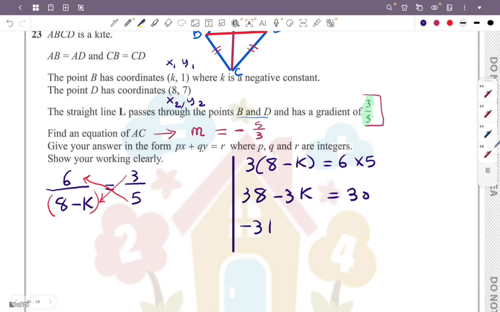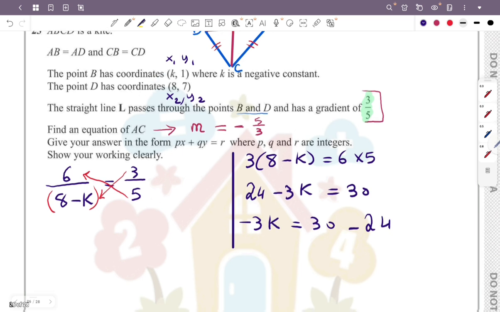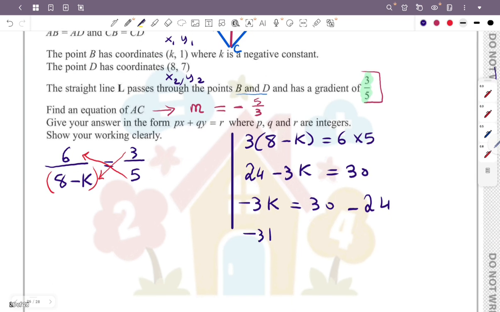Then minus 3k equals 30 minus 24, which is 6.